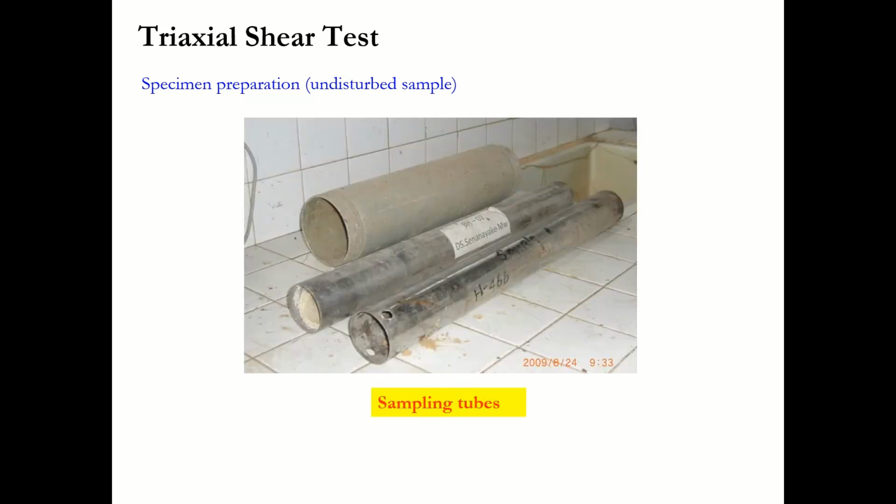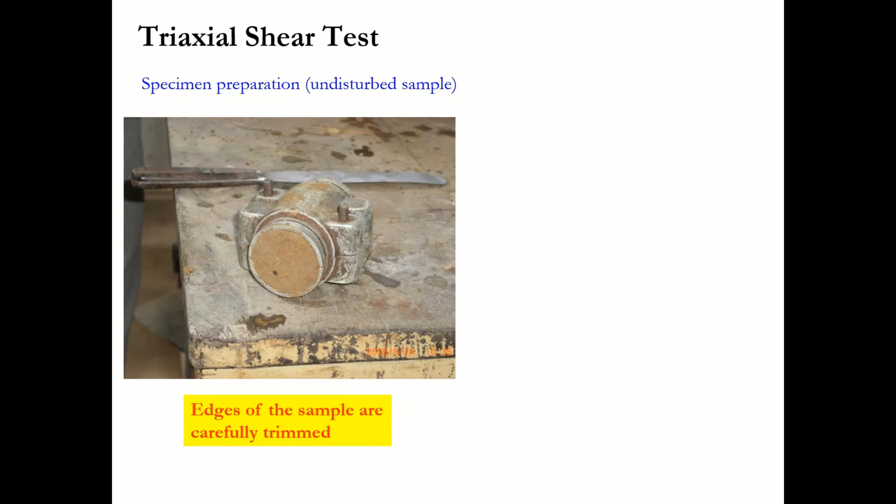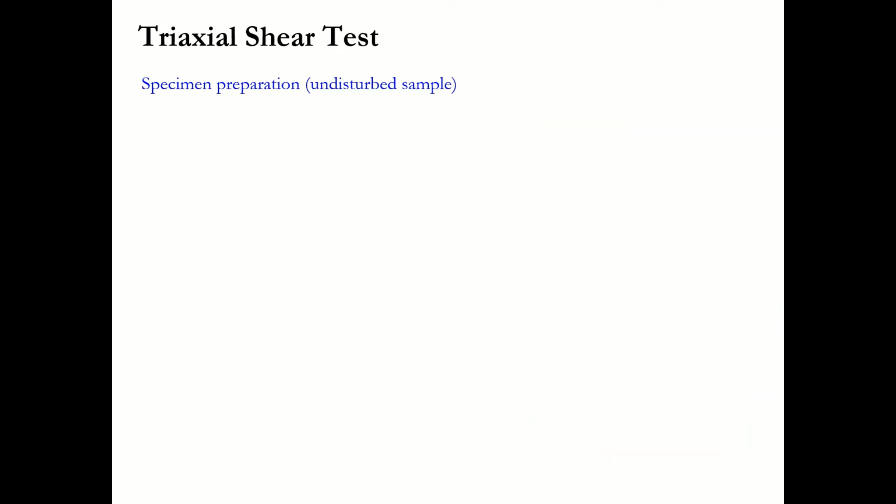Now we will describe the sample preparation for an undisturbed case. For an undisturbed soil sample, we collect it by Shelby tubes. Then we trim the edges of the soil sample to make it a plane surface. Then we set up the soil sample in a triaxial cell.